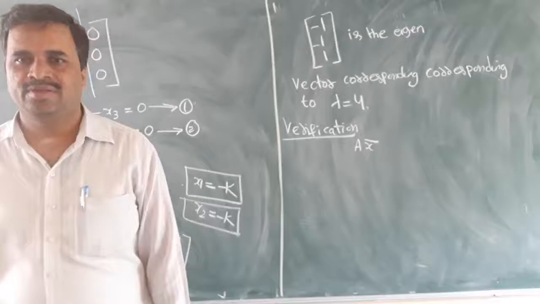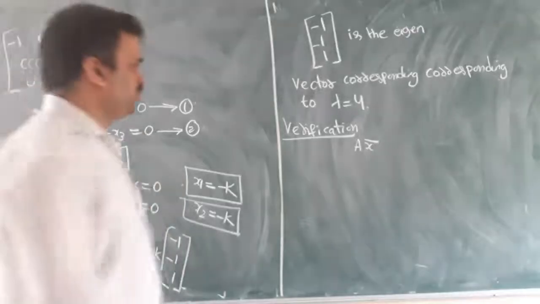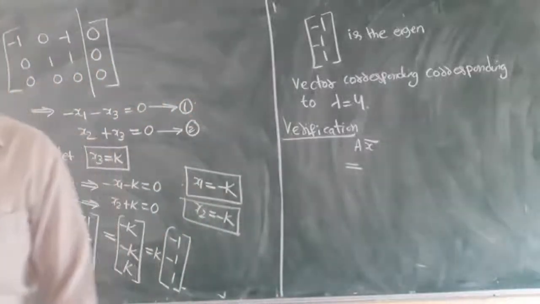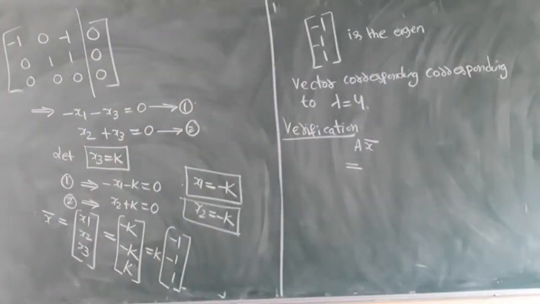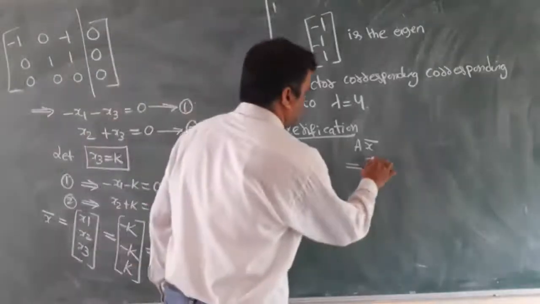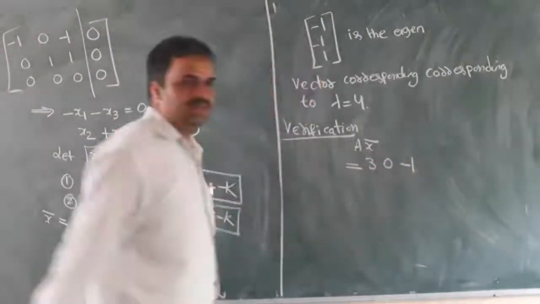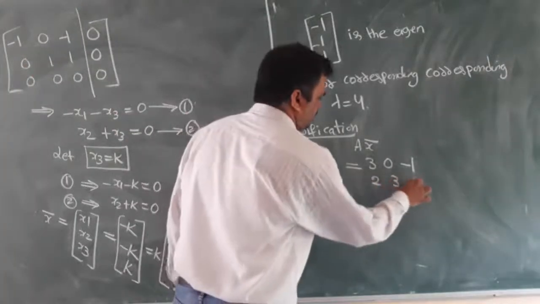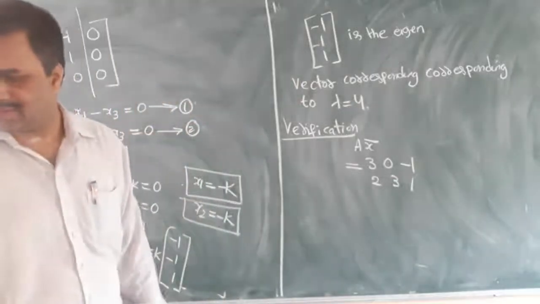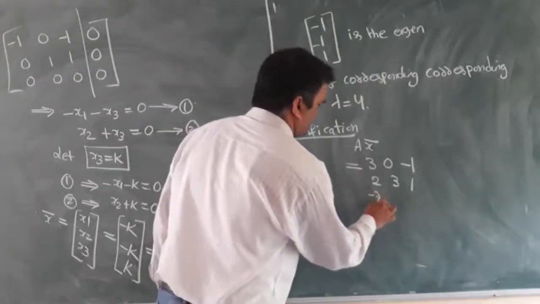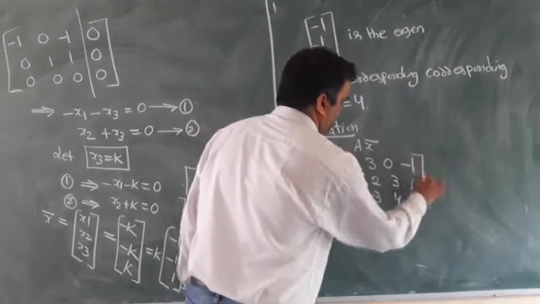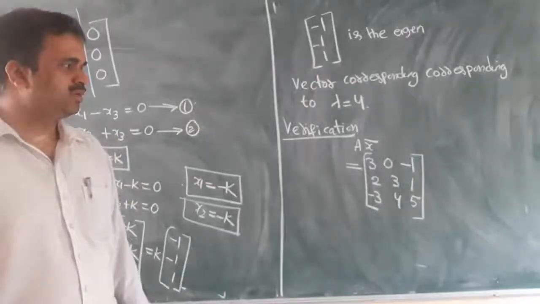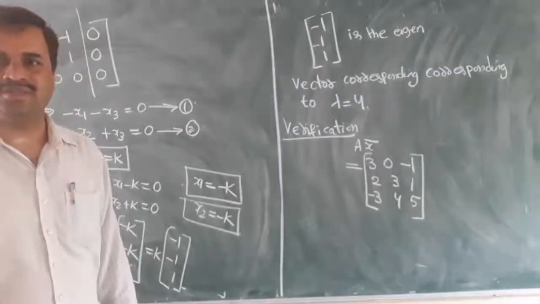Already we have matrix A; from the question we can write matrix A: 3, 0, minus 1; 2, 3, 1; minus 3, 4, 5.